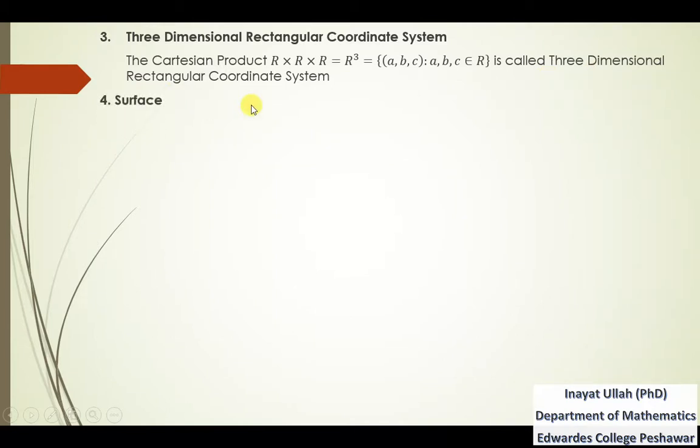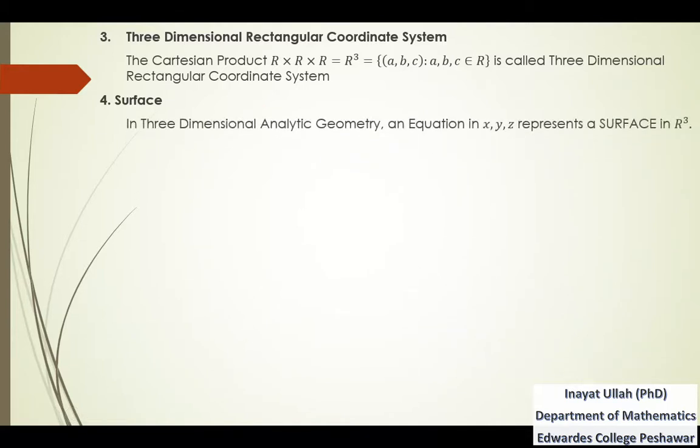What is a surface? A surface is made in three-dimensional analytic geometry. An equation in which three variables x, y, and z are used always represents a surface. A surface is always in the 3D space. For example, if you take a football, you cannot draw a football on a wall.